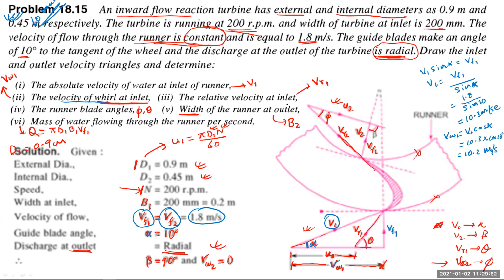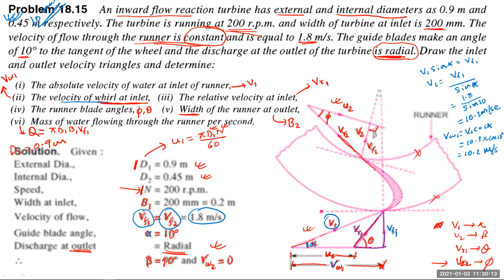The relative velocity at inlet, Vr1. Vr1 is this one. Now we know that this is a right angle triangle, and Vr1 is the hypotenuse of that triangle.